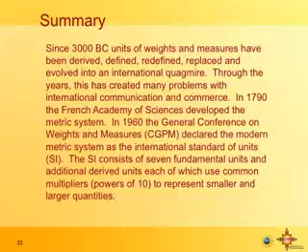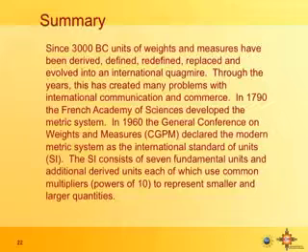So they need some way of comparing the mass or the weight of something or the amount of something to see if they're getting a good deal. And it's driven by trade. So these weights and measures have been derived, defined, redefined, replaced, evolved into the international quagmire through the years. This has created a lot of problems with international communication and commerce.